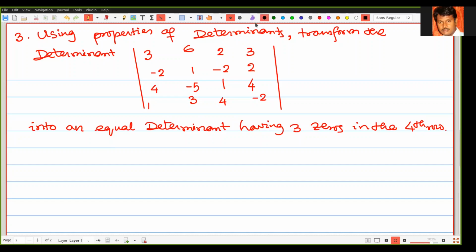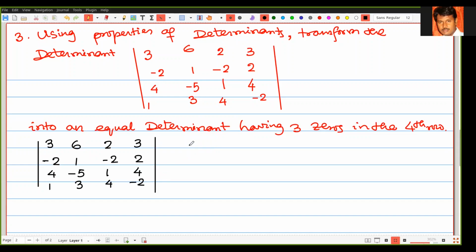So here we are proceeding with the solution. At first, writing the determinant once again: 3, 6, 2, 3, minus 2, 1, minus 2, 2, then 4, minus 5, 1, 4, and then 1, 3, 4, minus 2.